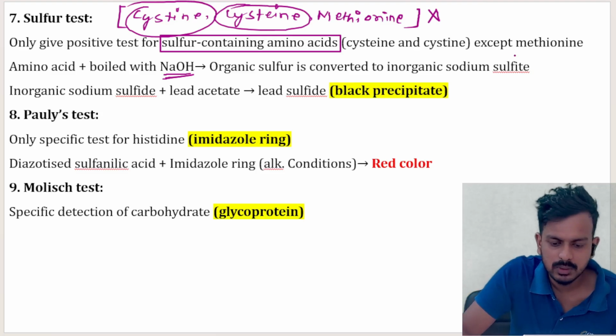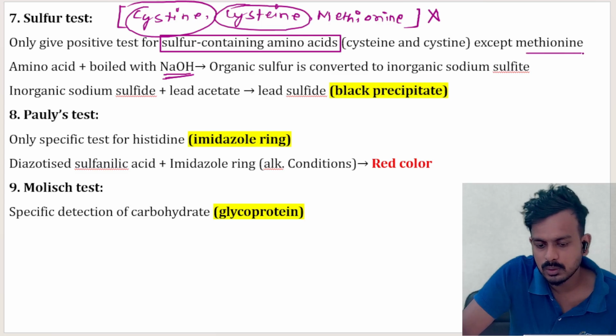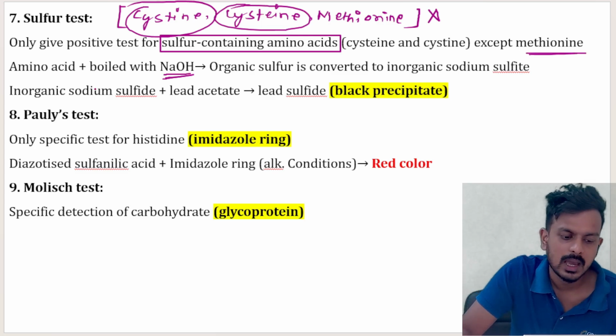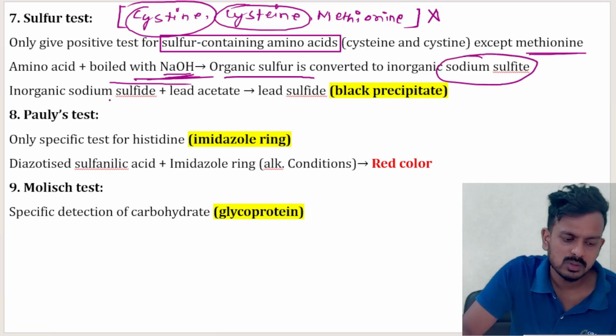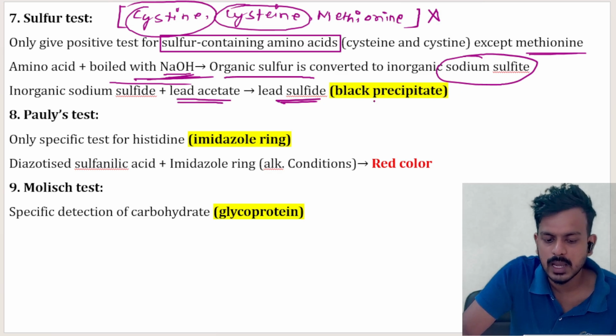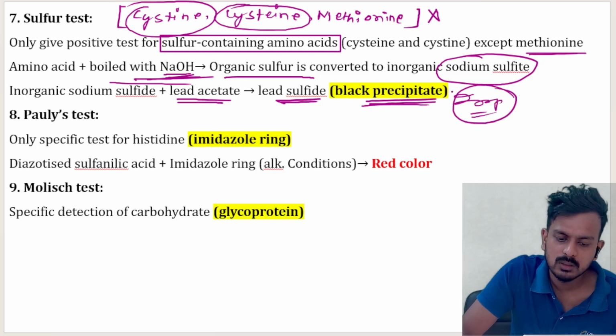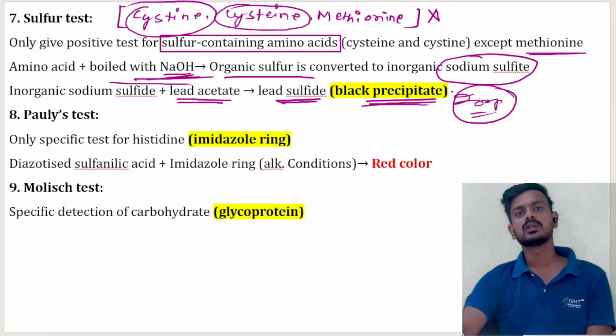When amino acid is boiled with NaOH alkali medium, organic sulfur is converted to inorganic sodium sulfide. Now the sodium sulfide reacts with lead acetate to produce lead sulfide, that is a black precipitate. Question asked, which color reaction produces a black colored precipitate? That is the sulfur test.